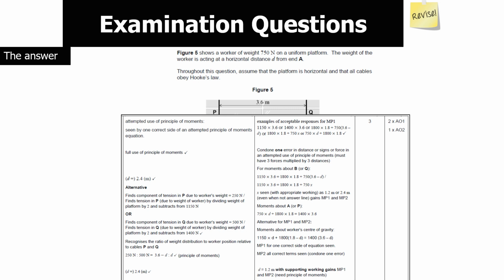So if we're taking it from B or Q, the distance from the center to one of the edges is 1.8. Then you plus 750 times (3.6 minus d), because we're now doing the weight of the worker times the distance it is from one of the sides. You can work it through there. So you can say 1,150 times 3.6 equals 1,800 times 1.8 plus 750 times x. You can then work it all through, work out what x is, and it's going to be 2.4 meters.